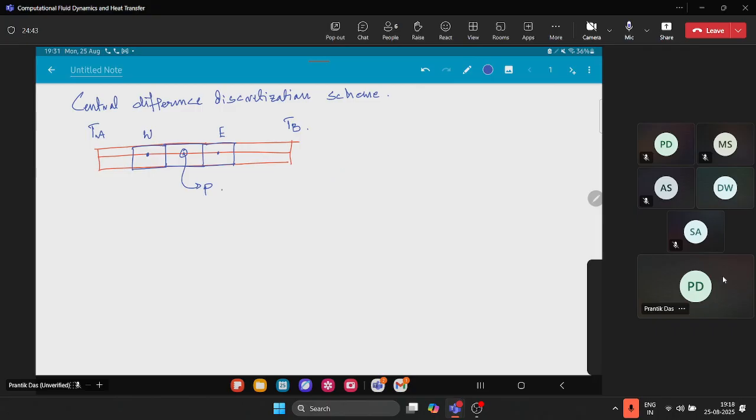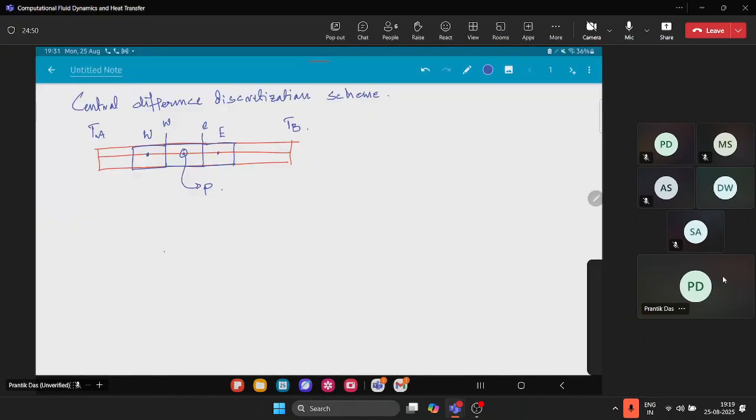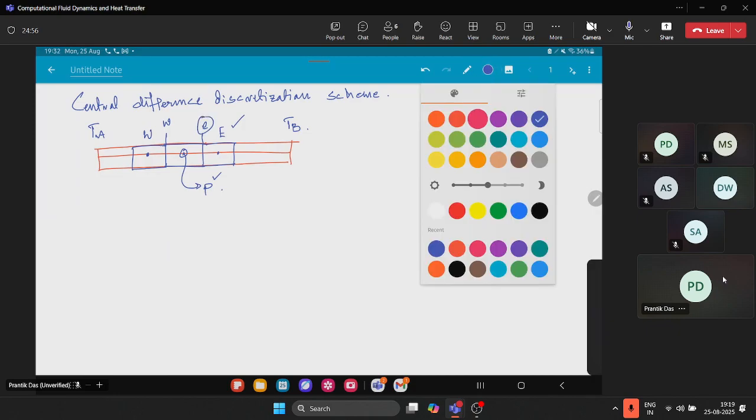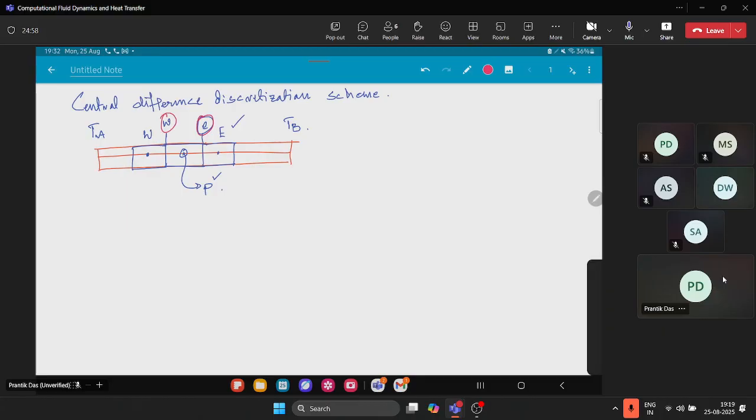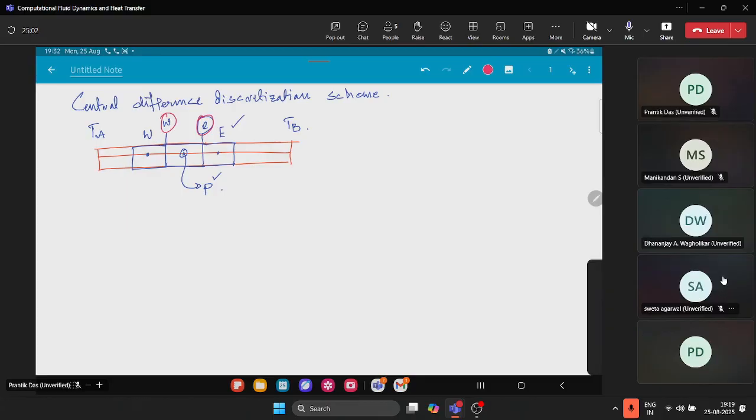Small e and small w are the cell faces. Small e is the common cell face between capital P and capital E, and small w is the common cell face between capital P and capital W. So that's how it works.